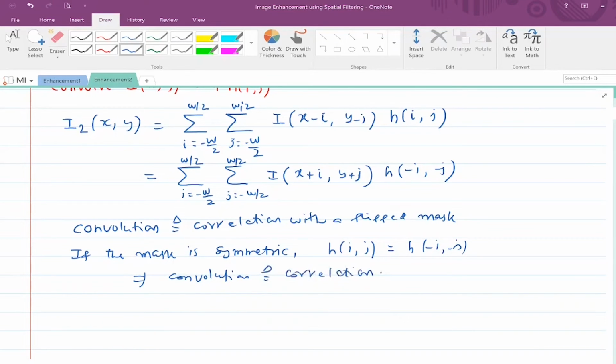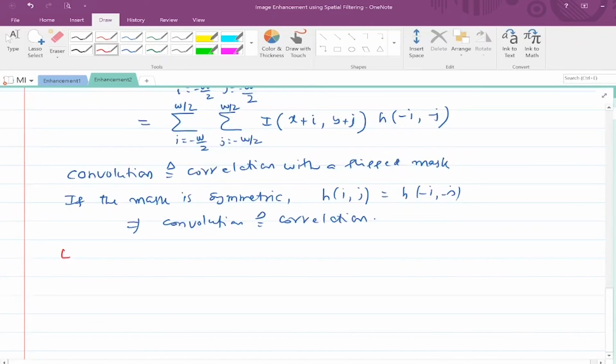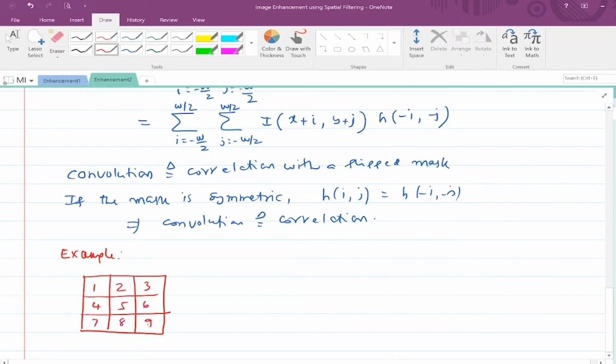Since in your DSP you mostly dealt with convolution of 1D signals, let us take an example of flipping a 2D mask. Let's say my mask is 1, 2, 3, 4, 5, 6, 7, 8, 9, this being the center. This is your h of i comma j.